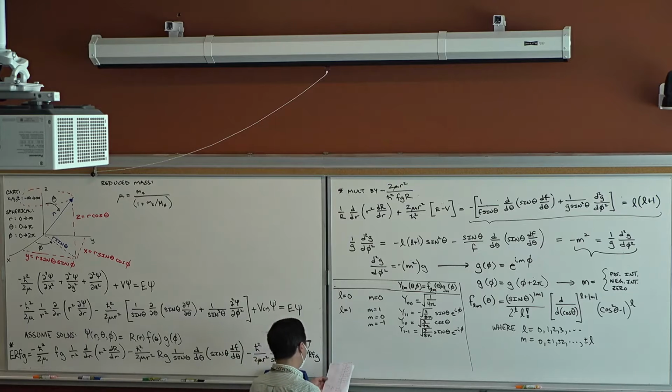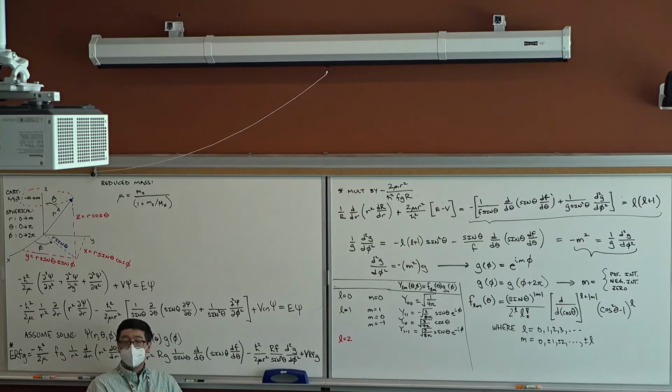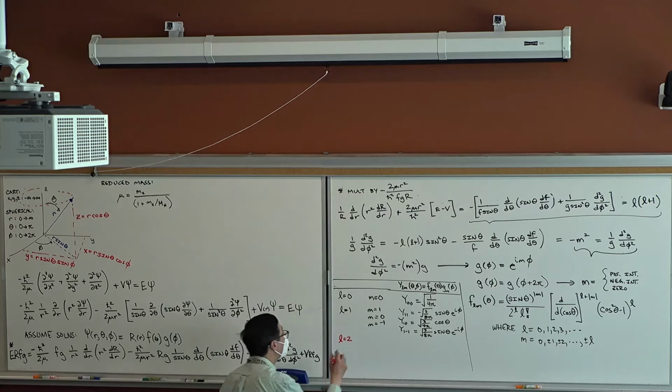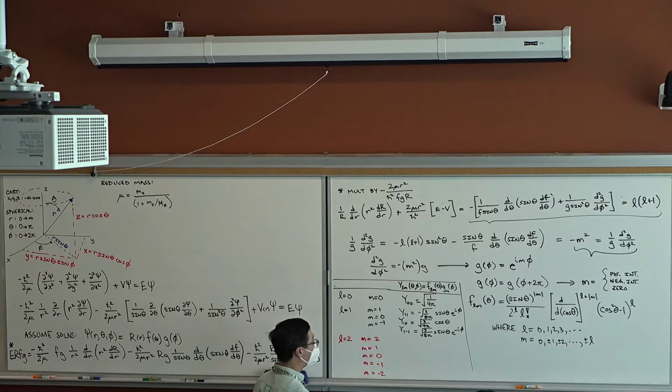And now, let's try L equals 2. If L is 2, what values can M take on? 2, 1, 0, negative 1, and negative 2? Correct. This is clearly going to be the last set of spherical harmonics we do.